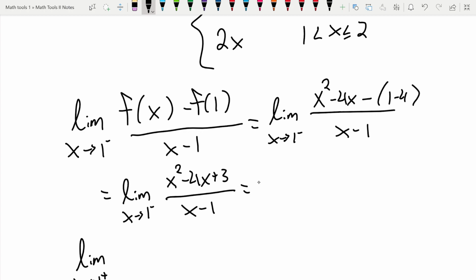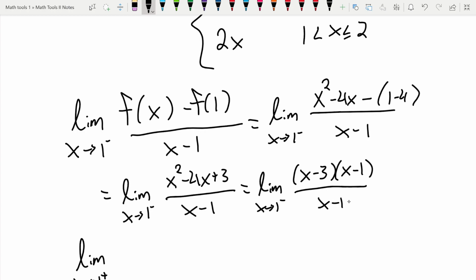So can we use some algebra, or do we need to use L'Hopital's rule? Looks like we can use algebra, because we can do x minus 3 times x minus 1 to factor the top. All right, so now that cancels. And then the limit as x approaches 1 from the left of x minus 3 would be negative 2.